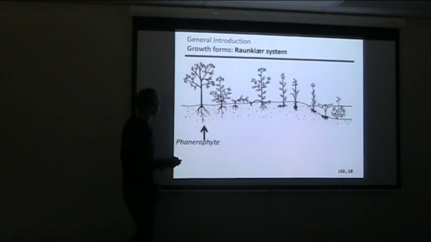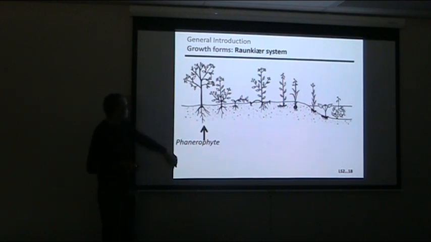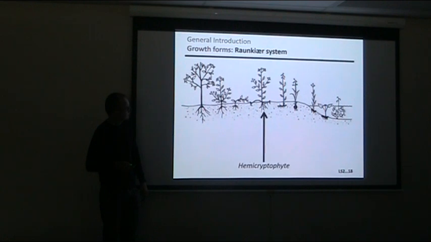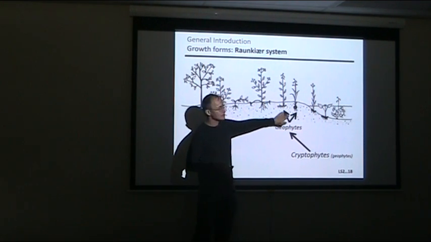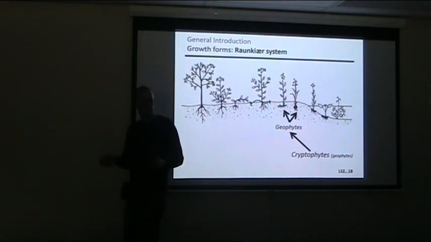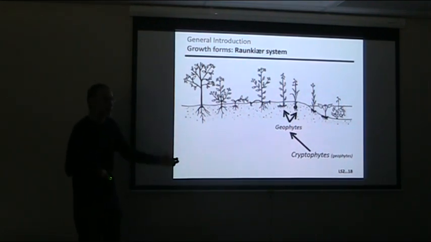So just a reminder, this is just a visual: phanerophytes, chamaephytes, hemicryptophytes, cryptophytes. There's bulbs, rhizomes, a whole kind of morphology of what's going on under there.